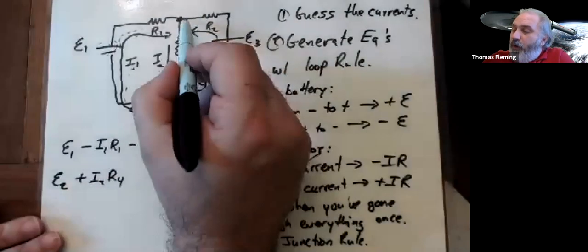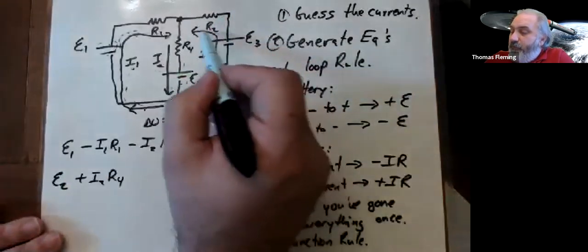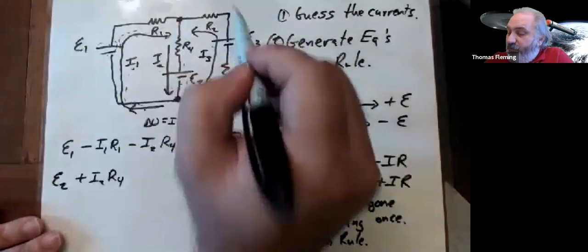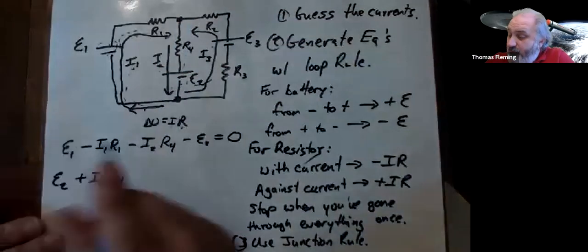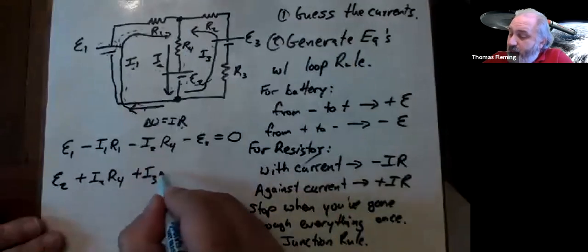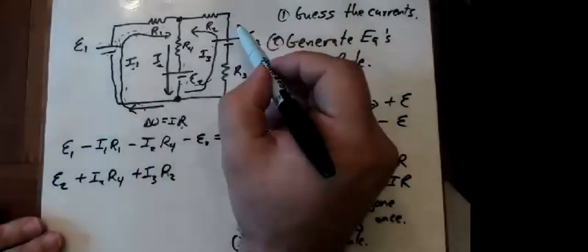Now I'm going to go across resistor 2. Notice the current I have going through resistor 2 is going around counterclockwise, but I'm going clockwise. So plus I3 times R2. So far, so good? Yes.